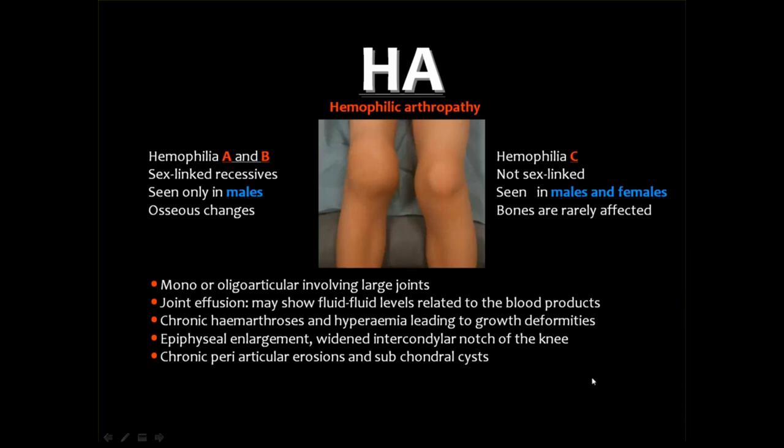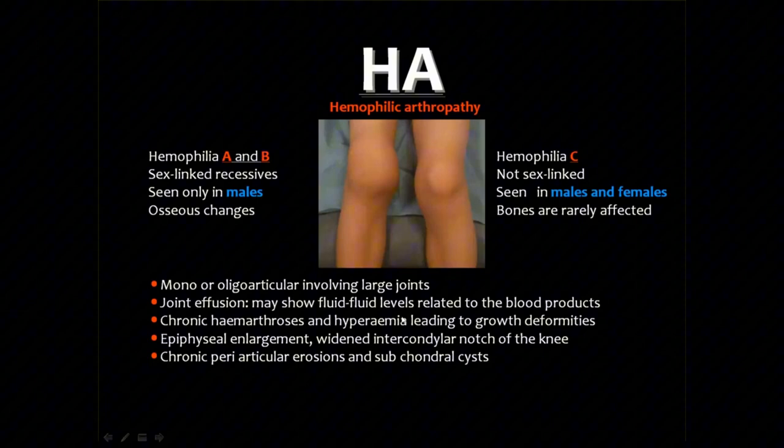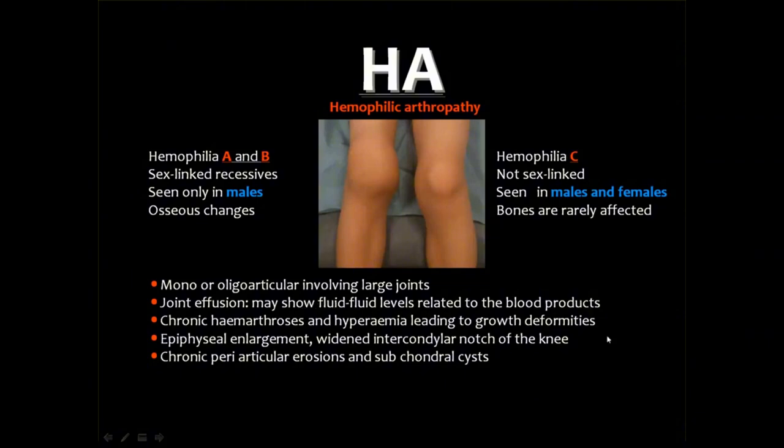And hemophilic arthropathy may be mono- or oligoarticular. The presence of hemorrhage inside the joint will result in swelling of the joint. There may be some fluid level due to the presence of synovial fluid and blood.